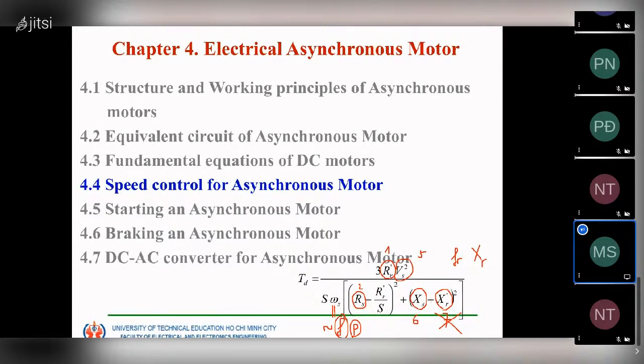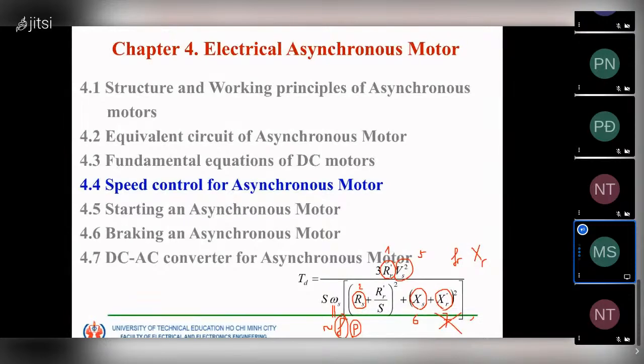So you cannot know exactly the new reactance connected to the rotor winding. Do you understand what I mean? Number 7 is not a speed control method, because when the rotor speed is changed, the rotor frequency will be changed, and then the rotor reactance will be changed.